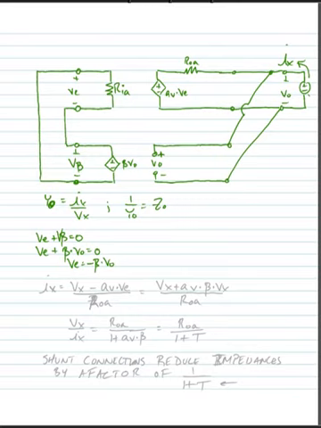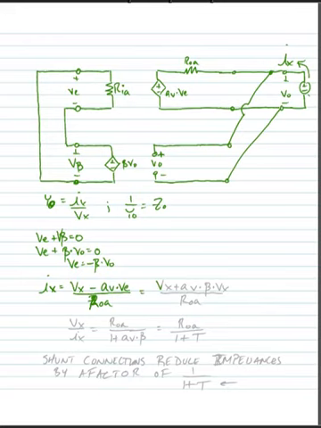Alright, looking at the output, we can say that Ix is equal to Vx minus Av times VE divided by ROA, just using Ohm's law at the output.